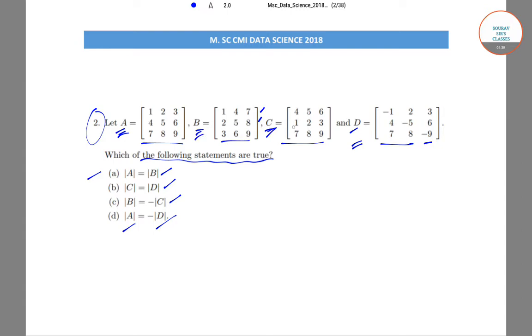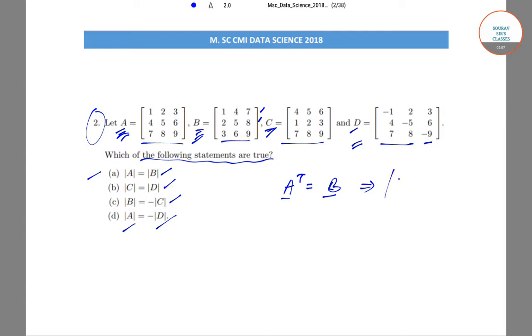For example, for B you can see that the matrix B is 1, 4, 7, 2, 5, 8 and 3, 6, 9. This matrix B is nothing but the transpose of the matrix A. So A transpose is equal to the matrix B. Now if A transpose is equal to the matrix B, then the determinants of the transposes are the same.